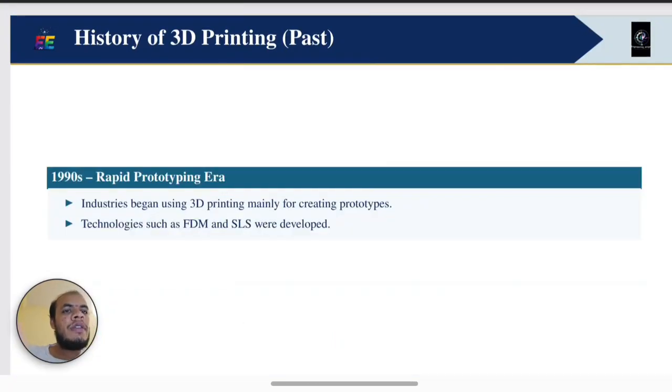Later, in the 1990s, industry started recognizing the usefulness of 3D printing. Initially it was like we can't afford it. Later the scientists and researchers followed, and in the 1990s industries also started recognizing these 3D printers. At the time it was mainly used for making prototypes. A prototype is an early model of a product.